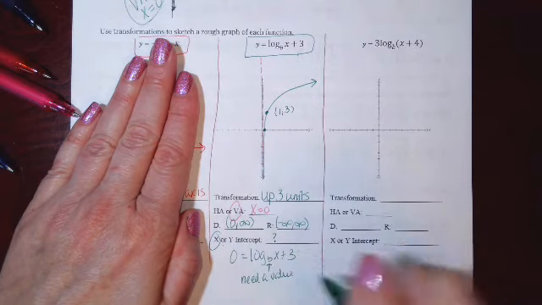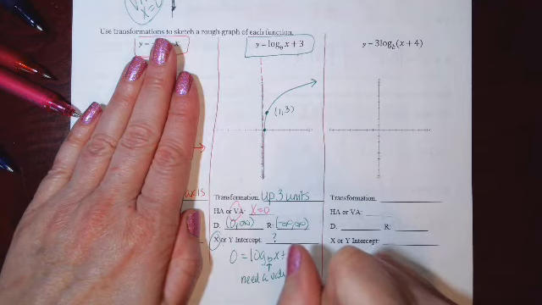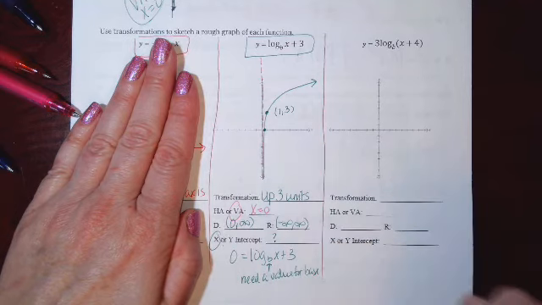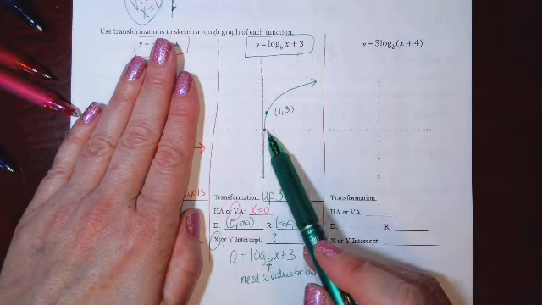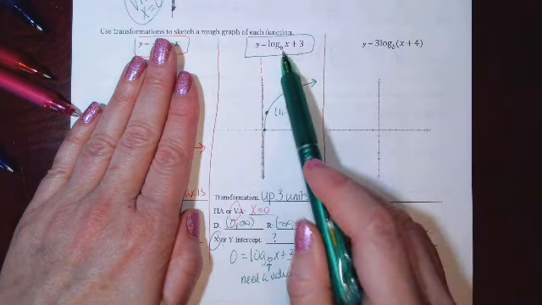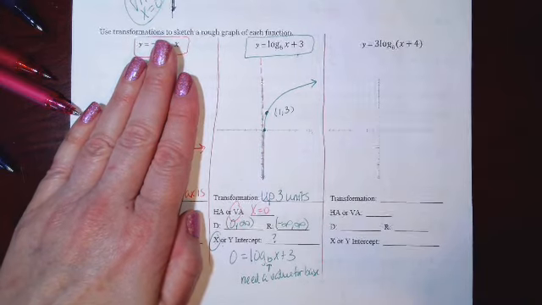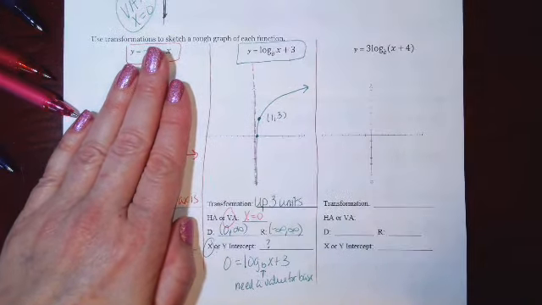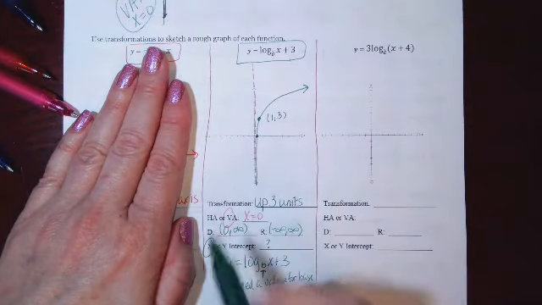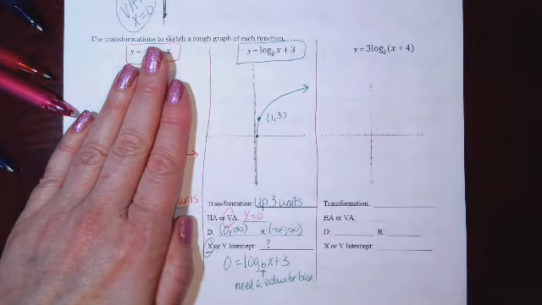In order to calculate, I would need a value for my base. So I know that my x-intercept exists. I know it's going to have to be between 0 and 1, but for the exact value, I would have to have a value for b. It's going to be a fraction, less than 1, but I don't know what the value will be. I know that I do have an x-intercept.